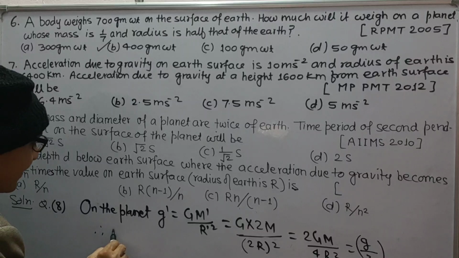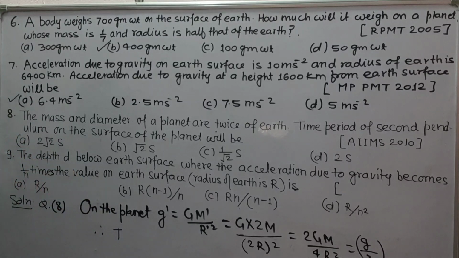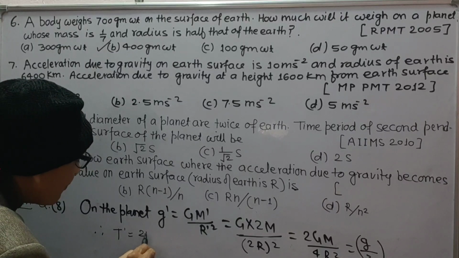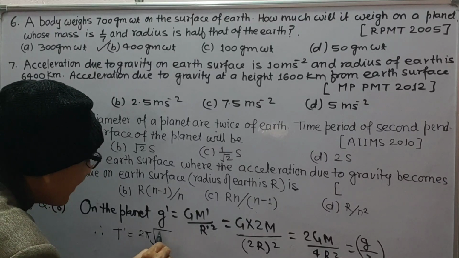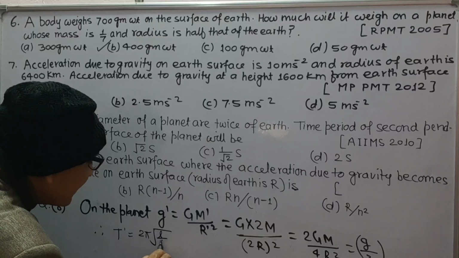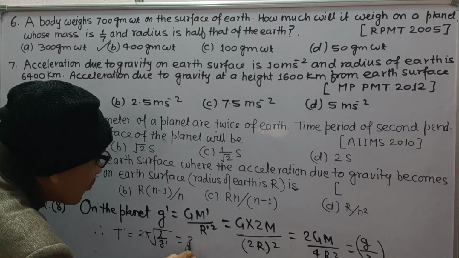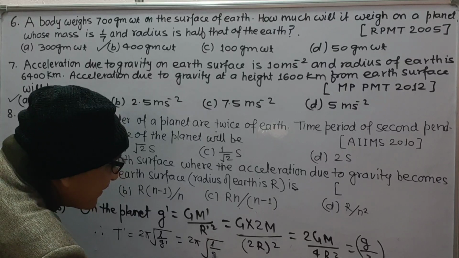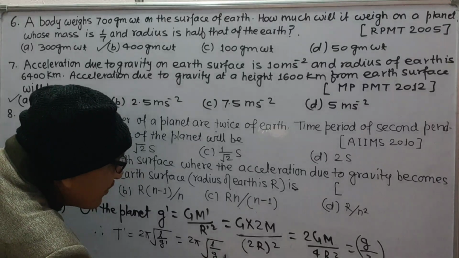Therefore, the time period of the simple pendulum on the planet will be T dash equal to 2 pi under root L upon g dash. It is 2 pi under root L upon g by 2.